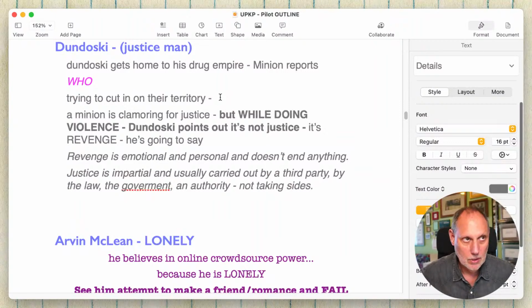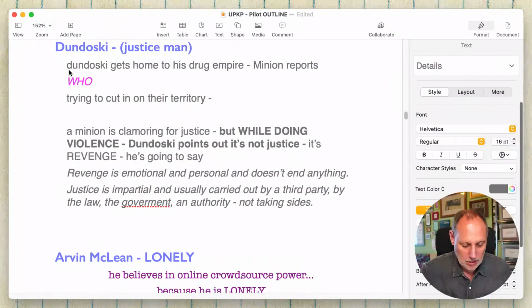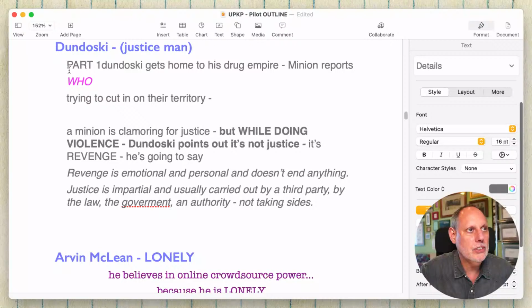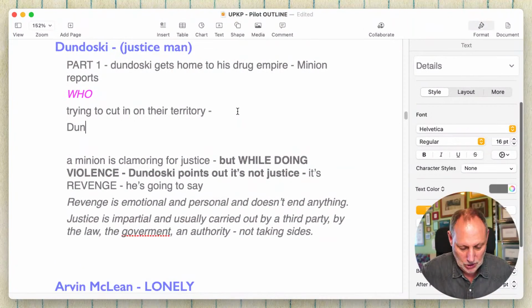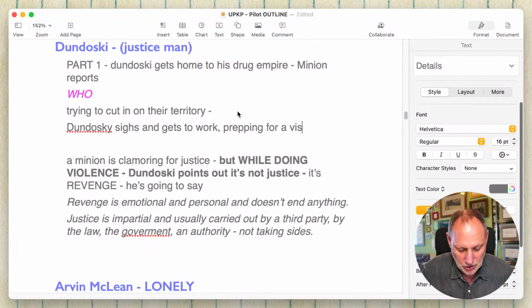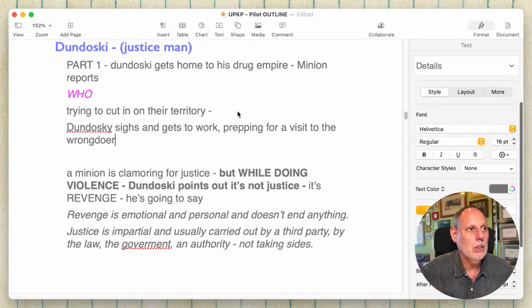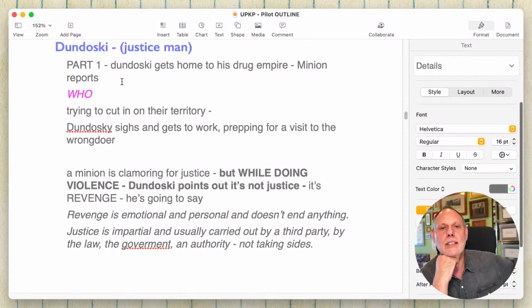So part one of this sequence is Dundosky sighs and gets to work prepping for a visit to the wrongdoer. Okay. So who is it?